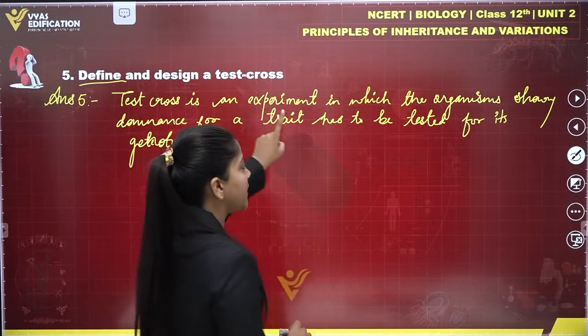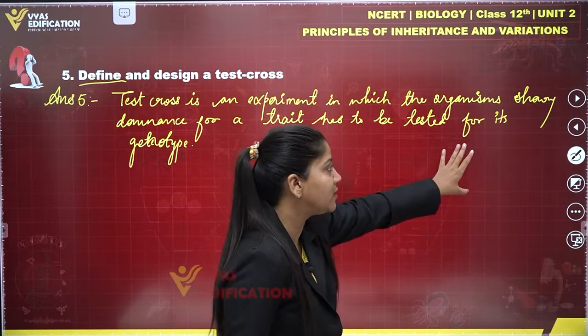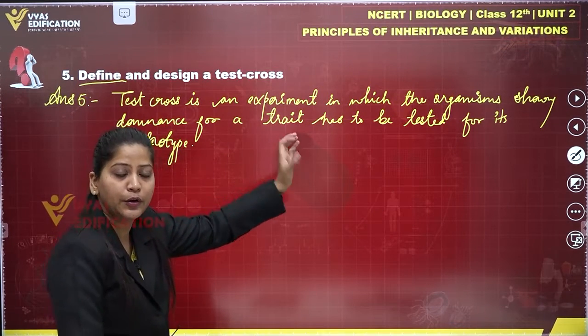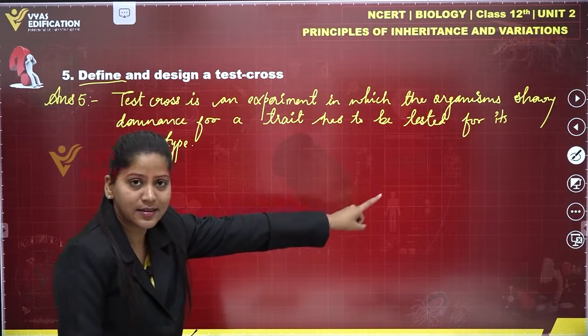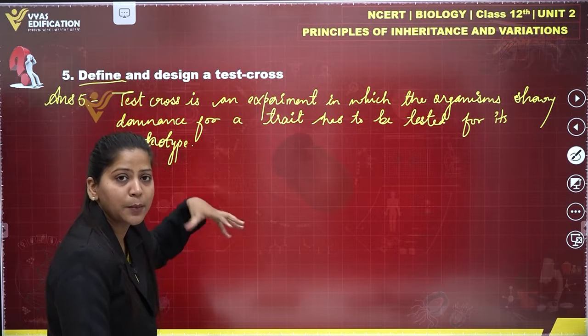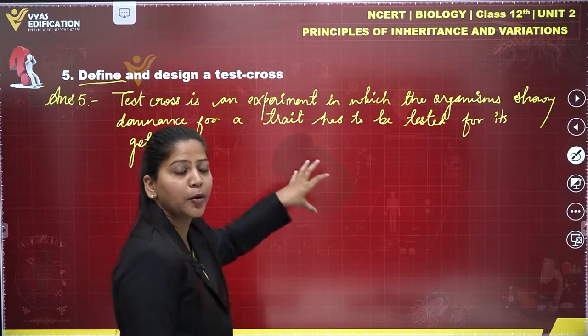So a test cross is an experiment in which the organism showing dominance for a particular trait has to be tested for its genotype, whether heterozygous or homozygous. What is the genotype of that organism?